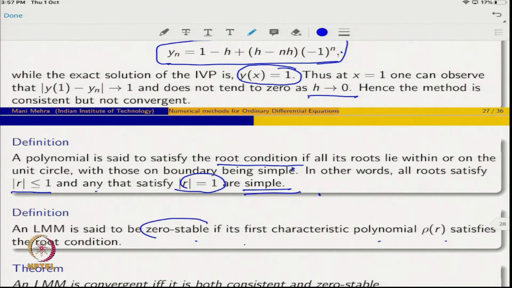So again, we are formalizing the definition of zero stability with the help of the first characteristic polynomial: if it satisfies the root condition, it means all the roots of the first characteristic polynomial have modulus less than or equal to 1, and if there is any root whose modulus is 1, it should be only simple.